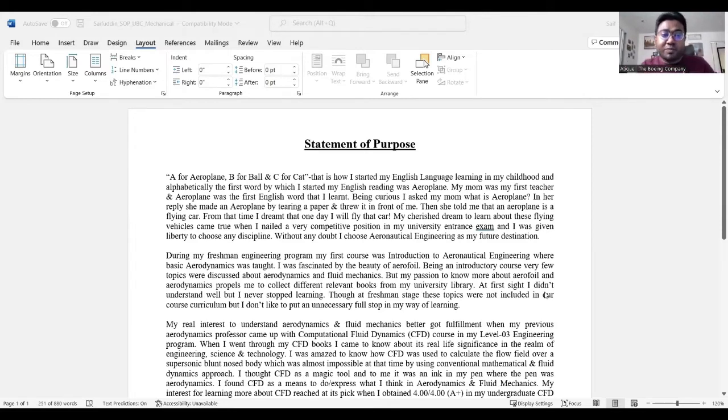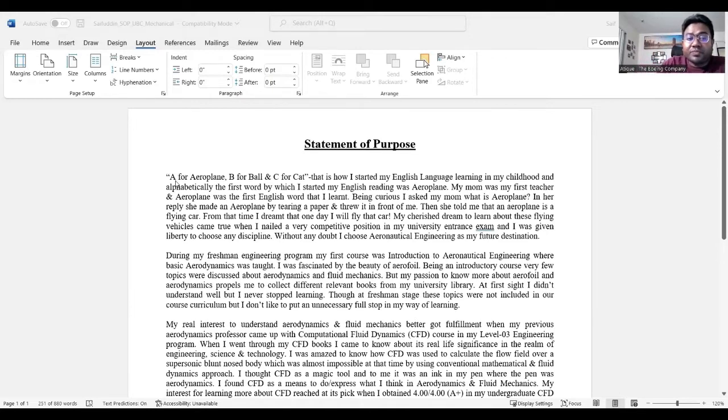For the statement of purpose, I said that your first paragraph should start with a story, and this story will connect to your undergrad university journey. So for the first paragraph, I have intentionally made a character of a boy who was a little kid and who started his learning process from his mother, and his learning process was like that.